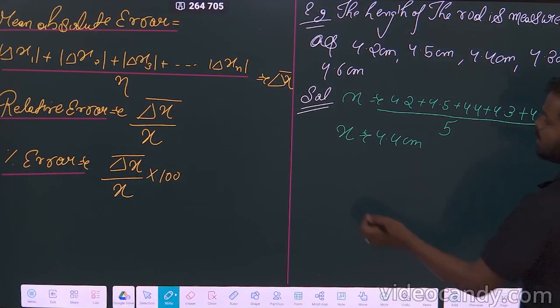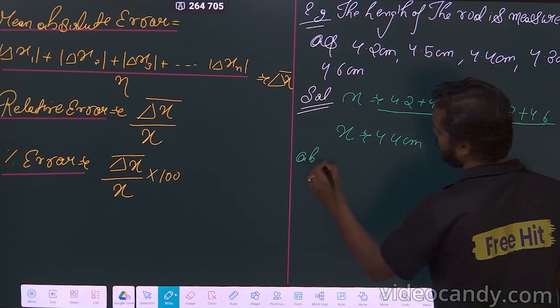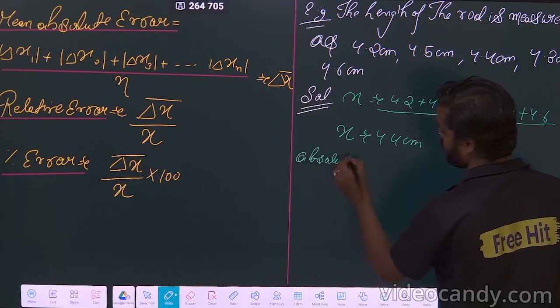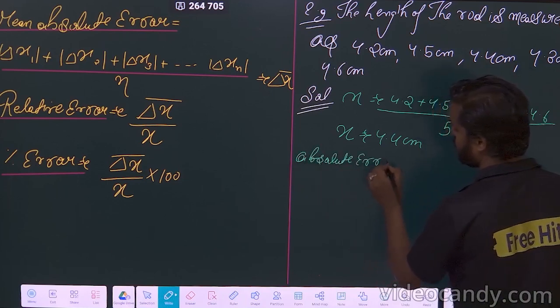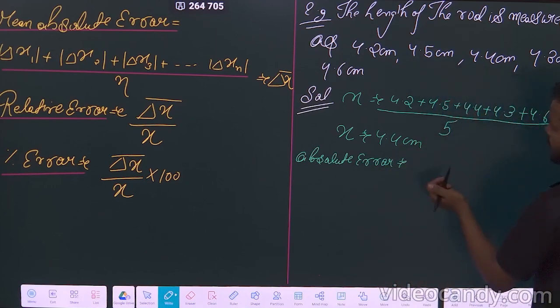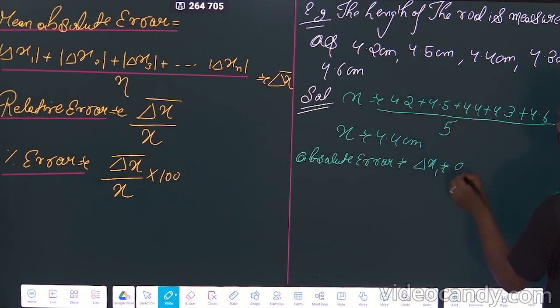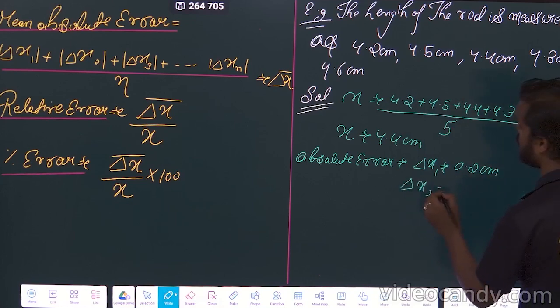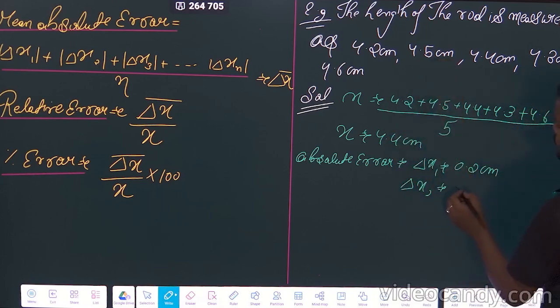Now the next thing is the absolute error. What will be my absolute error? Delta x1 is equal to this minus this, so it will be 0.2 centimeter. Then delta x2 will be minus 0.1 centimeter.